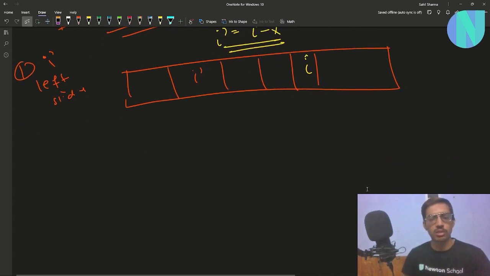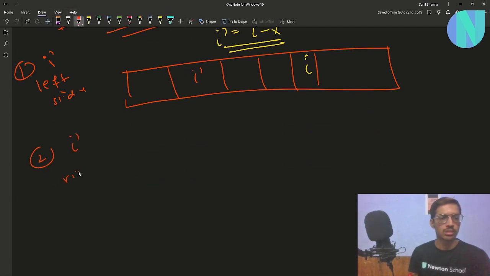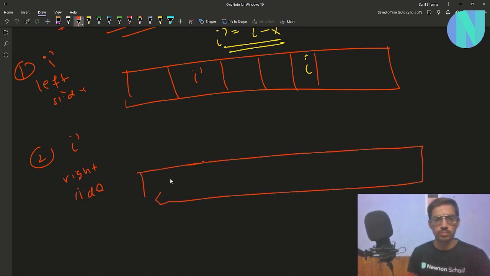And the second case is when you rebound. So when your I dash lies on the right side. So in that case, if your I is here, if your gap on this side is equal to y, then your I dash will be how much?